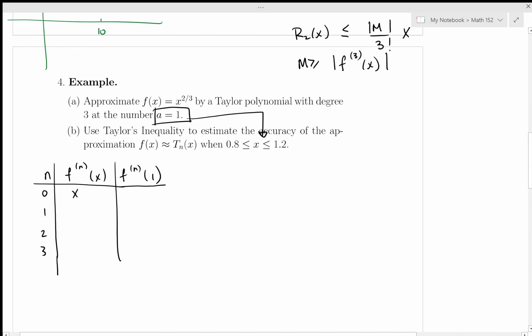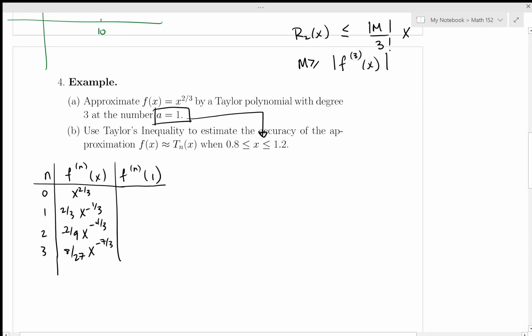So the function is x to the 2/3. The first derivative is 2/3 x to the minus 1/3. The second derivative is minus 2/9 x to the minus 4/3. The third derivative is 8/27 x to the minus 7/3.